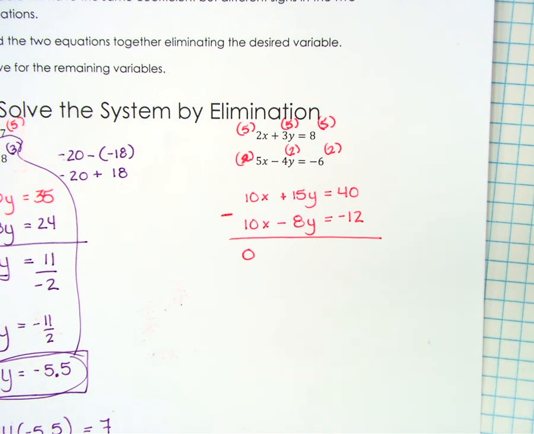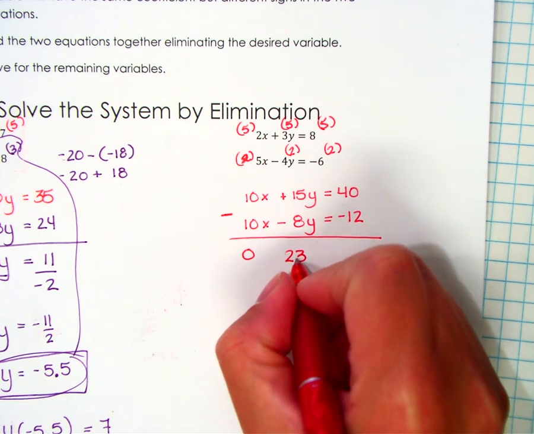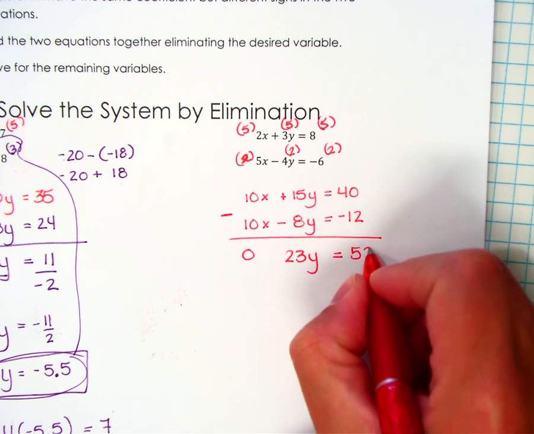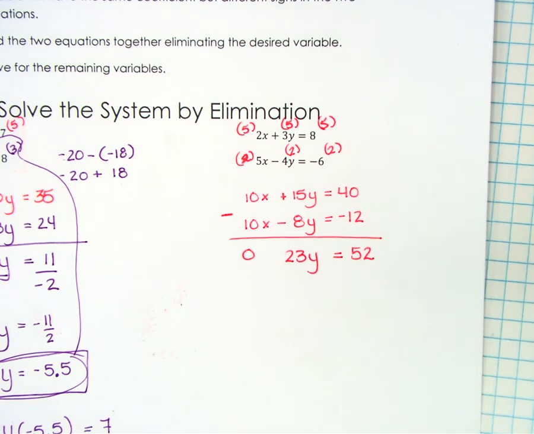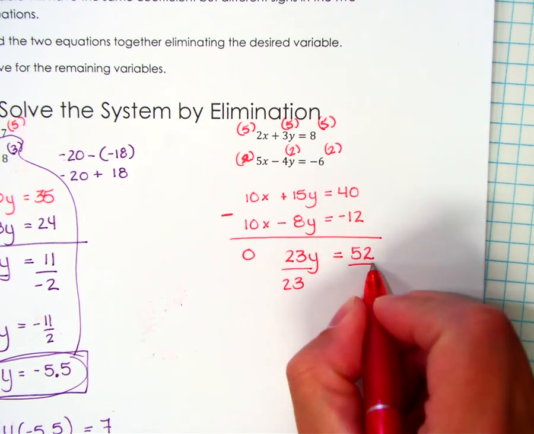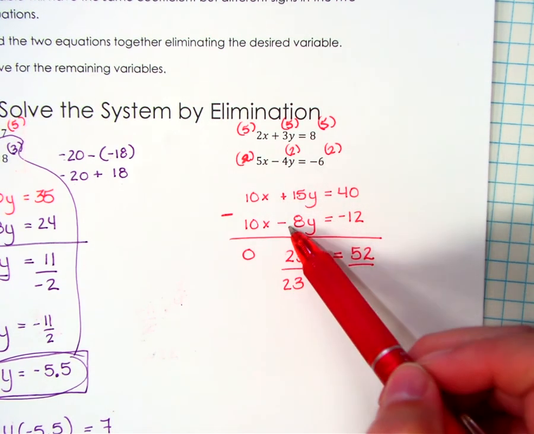So if one was a negative 10 and one was a positive 10, you would add them. Okay, I see. 15 subtract a negative 8.